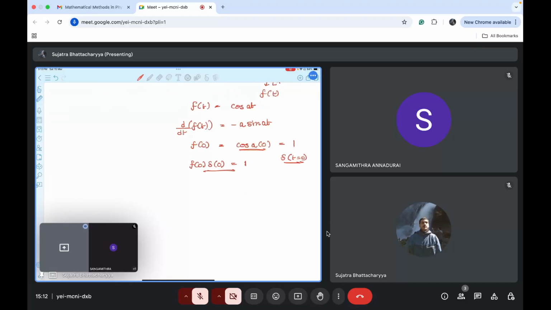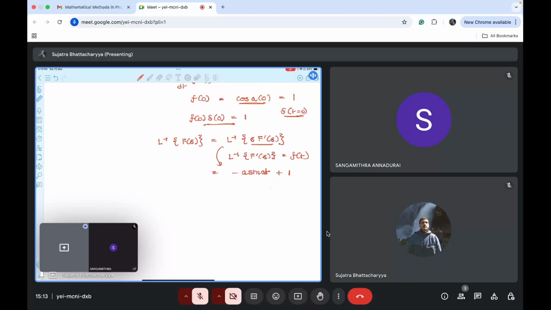Now, based on all these findings, we can therefore write that L inverse of F(s), which we are writing as L inverse of s F dash(s), and we have also seen that L inverse of F dash(s) is f(t). Then s times F dash(s) can be written as the time derivative of f(t), which is minus a sin at, plus f(0) delta(0), which is 1.